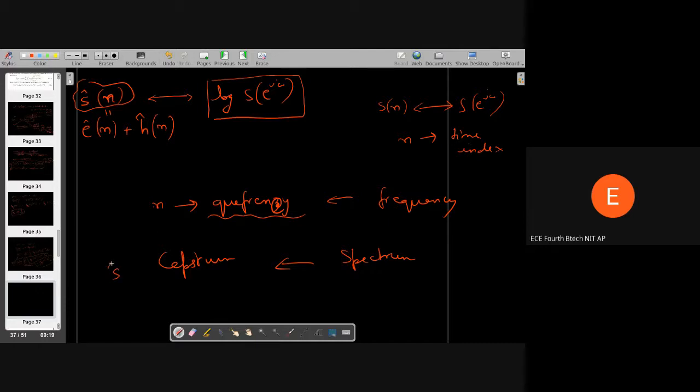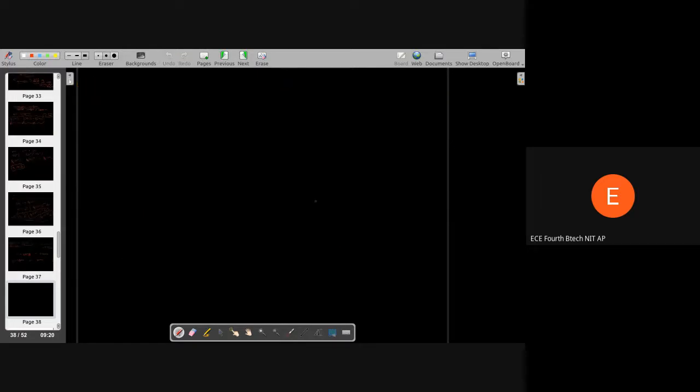This is S hat n. So now an interesting phenomenon occurs. You have this S hat n, the log of S e to the power j omega.